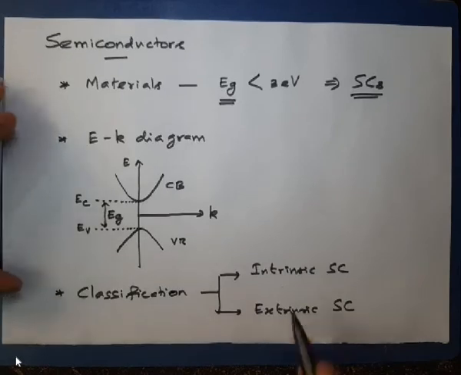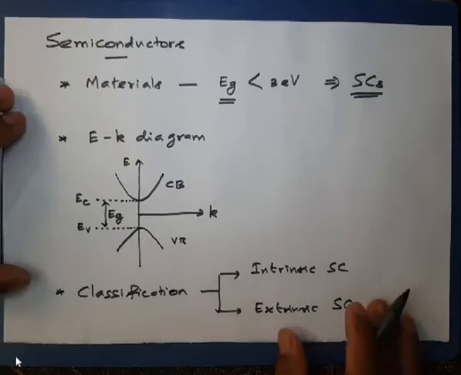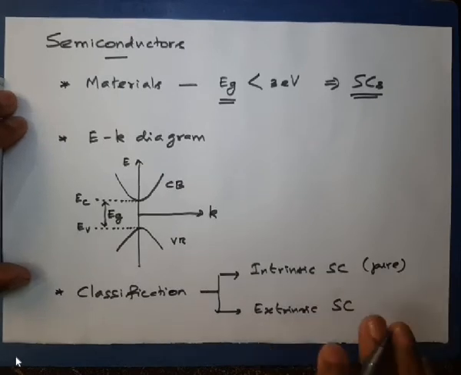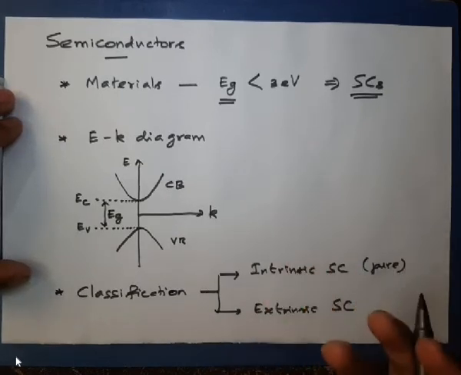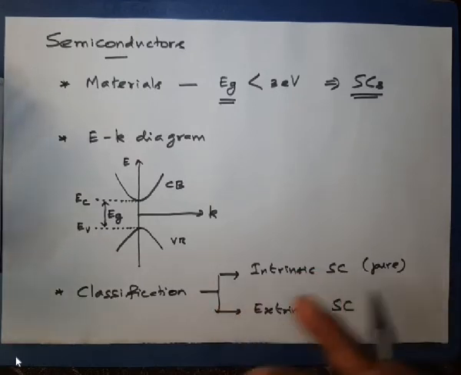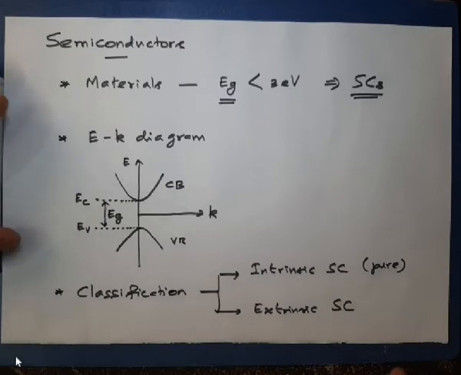Intrinsic semiconductor means pure semiconductor, that is, without adding any impurity. You take the host crystal or the pure crystal. The pure crystal of the material will act as a semiconductor.